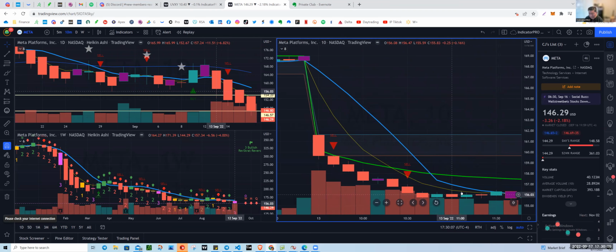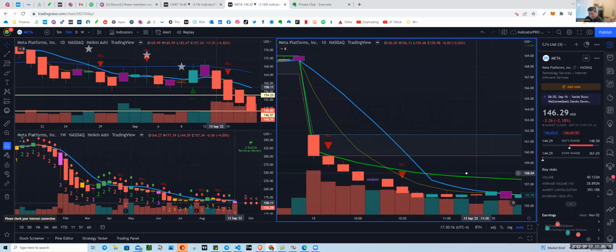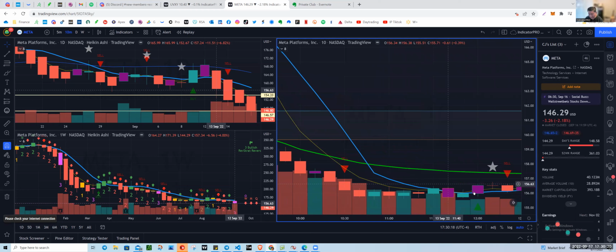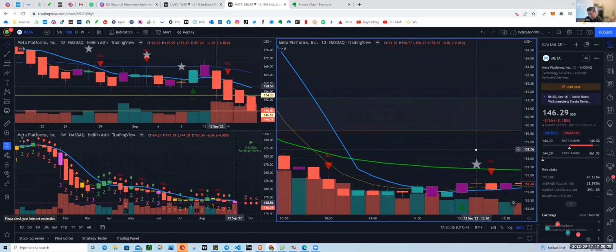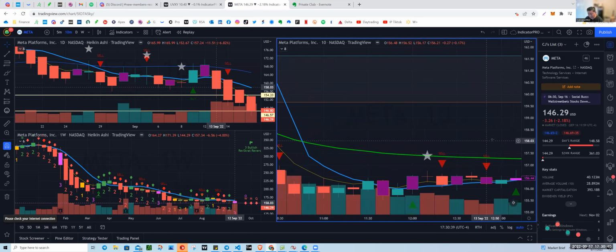So you can just close it out here and lock in your profits and say, hey, it was a successful trade and you can get out, or just wait for the buy signal right here and you can get out here if you want. But since it is still below VWAP and definitely below the ORB, as long as it is below the VWAP, you could probably carry it further and see if you can swing it.